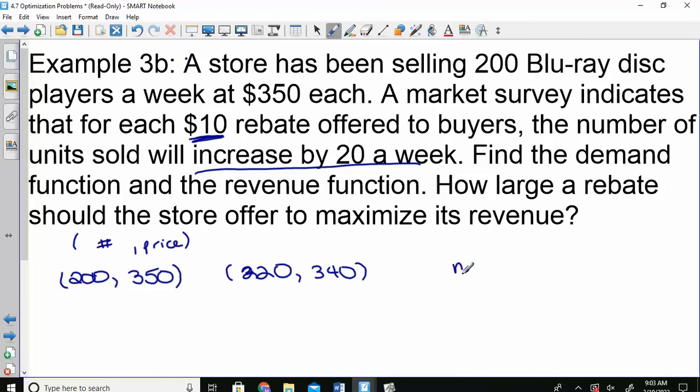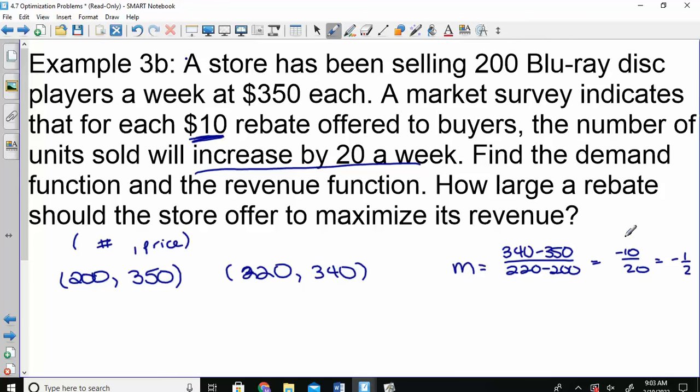So now I can write the equation of the line. We need a point and the slope. So slope is y sub 2 minus y sub 1 over x sub 2 minus x sub 1. Maybe negative 10 over 20, or negative 1/2.